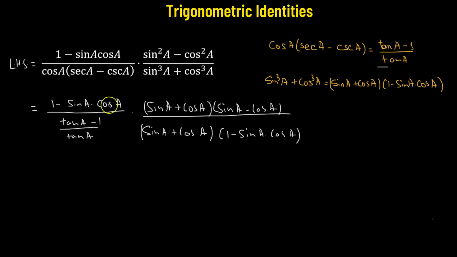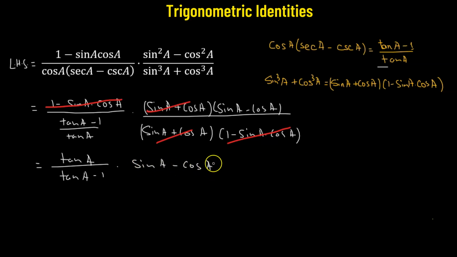So here 1 minus sine A times cosine A will get cancelled out from the numerator and the denominator, and we have sine A plus cosine A, so that will also get factored out, and this is going to leave us with tangent of A divided by tangent of A minus 1 whole multiplied to sine A minus cosine A, which will be equal to, so we'll convert the tangent to sine and cosine.